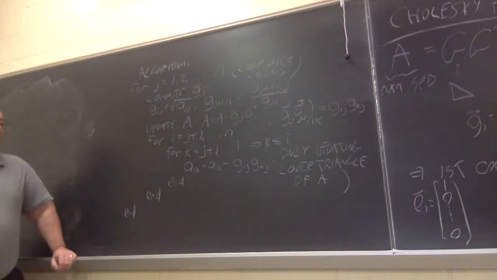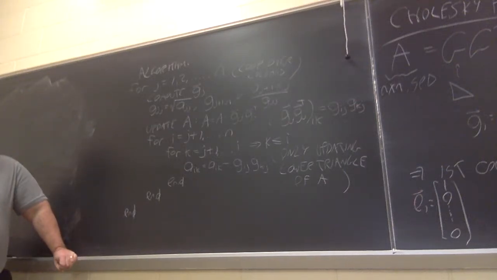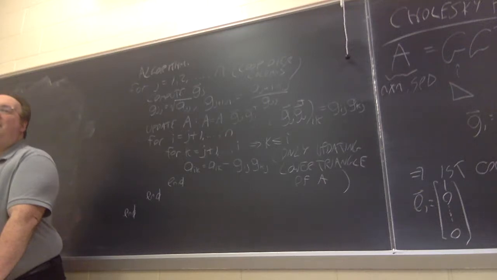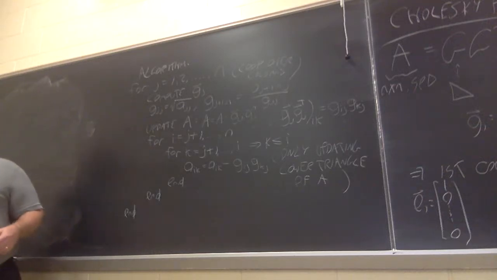Now, let's see how well you've been paying attention. Something like this would definitely not be okay in a Gaussian elimination setting. Why is it okay here to only touch the lower triangle? How come we're allowed to completely ignore the upper triangle of A? Yes, specifically because A is a symmetric matrix.